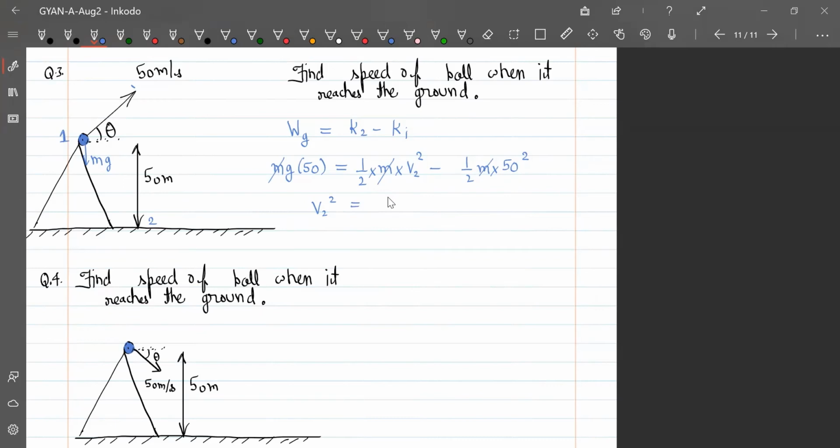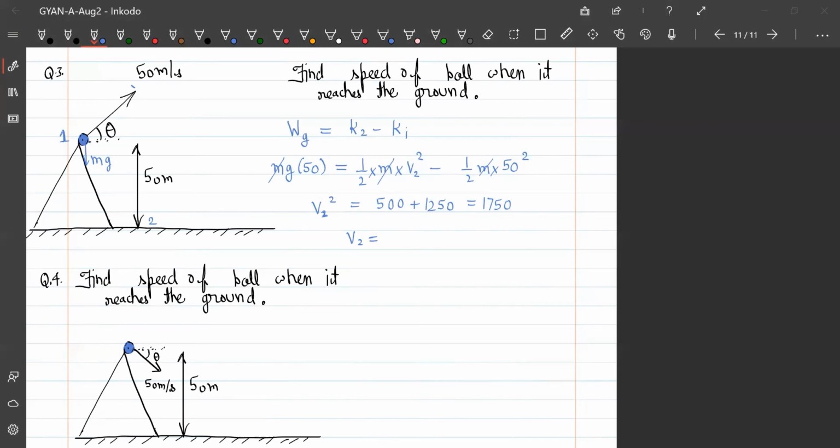10 into... sir, v naught square is equal to 3500. 500 हो जाएगा, and this will be 2500 by 2, 1250. So 1750. सर गलत आ रहा है मेरा. Bharvi, what's the answer that you're getting? गलत आ रहा है, ये नहीं है.